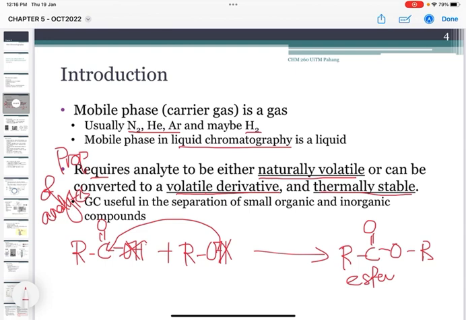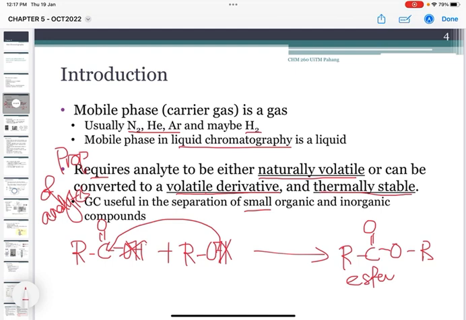Okay. And the last one, it must be thermally stable. Kenapa dia mesti thermally stable? Kalau dia tak stable, kita masukkan dia dalam instrumen, kena panas, dia dah degrade ataupun dia rosak. Dia jadi something else. Okay. Because gas chromatography is useful in separation of small organic and inorganic compounds, because normally small organic and inorganic compounds, especially organic lah, is something that is volatile.